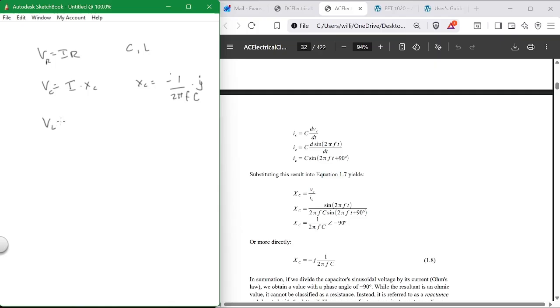What's the voltage across an inductor? The I through it times X sub L, where X sub L is equal to J 2 pi f L.